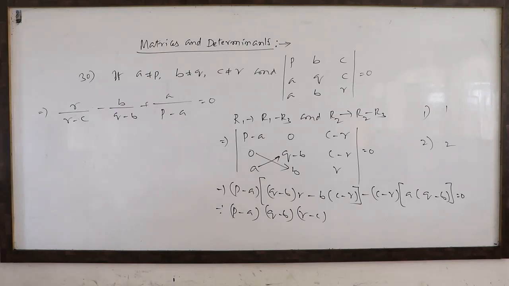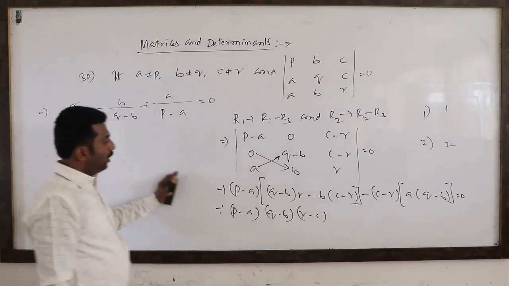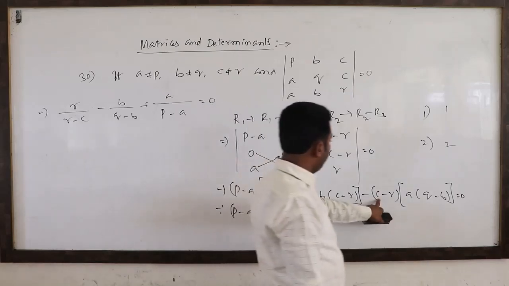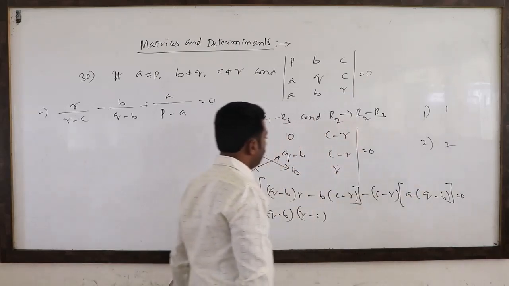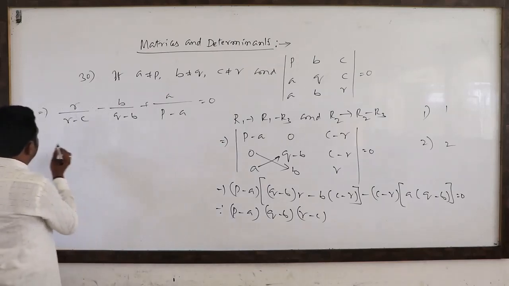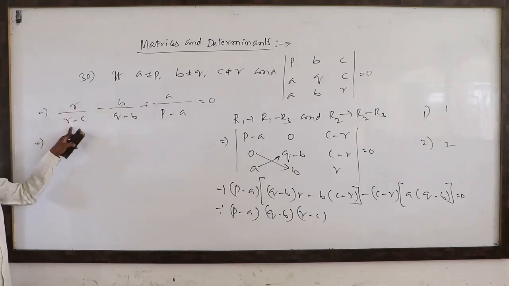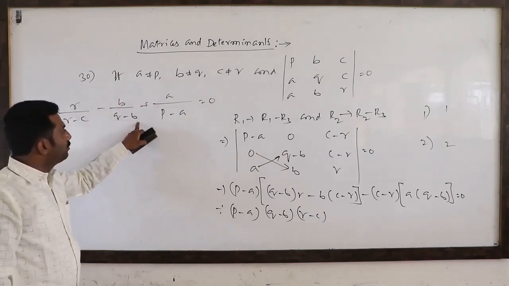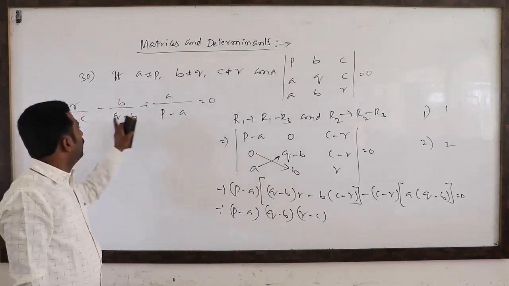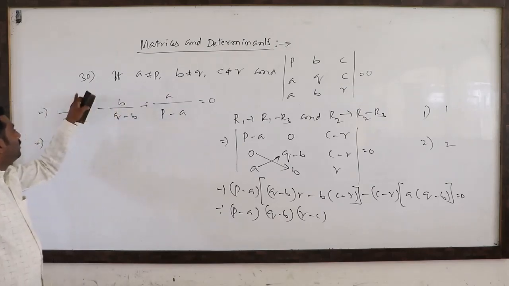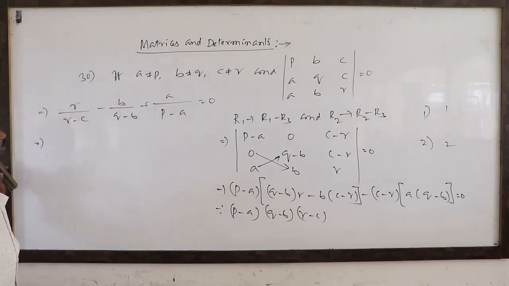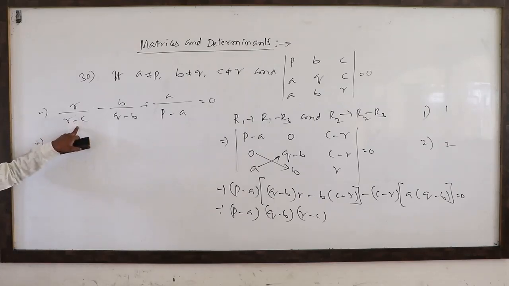So C by R minus C means, how to write this one? R minus C if you divide, this is C minus R, then that is Q minus B. You observe, this is C by R minus C, minus B by Q minus B, this is P minus A, Q minus B. This is C by should come. So how it will come means, we are adding plus 1.